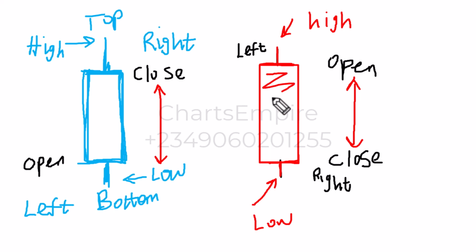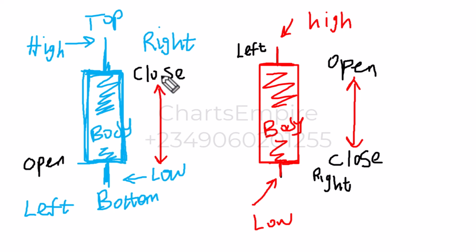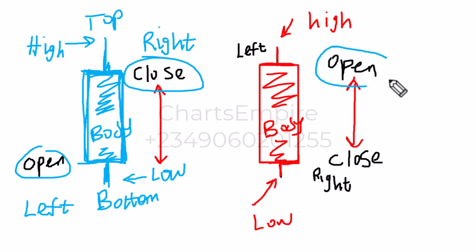This is the body of the candlestick, and this is the body of the bullish candlestick. The difference between the close and the open is the body. Likewise, the difference between the open and the close on the bearish candlestick is also the body.